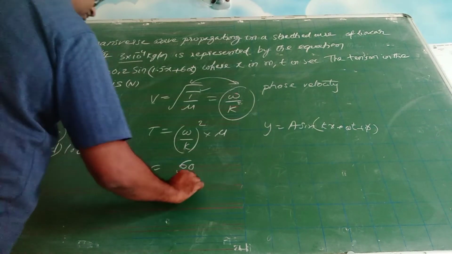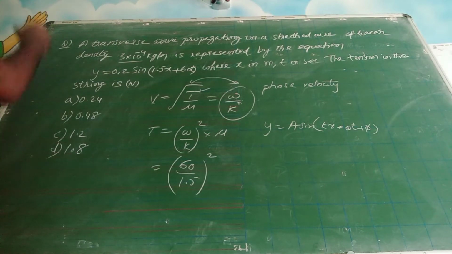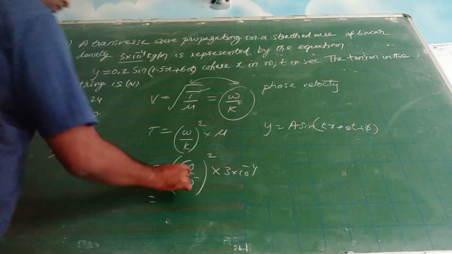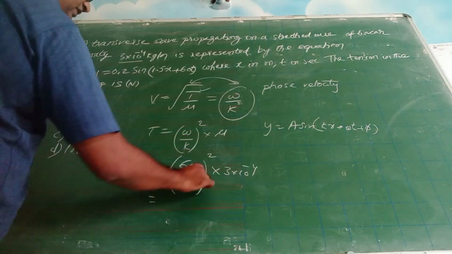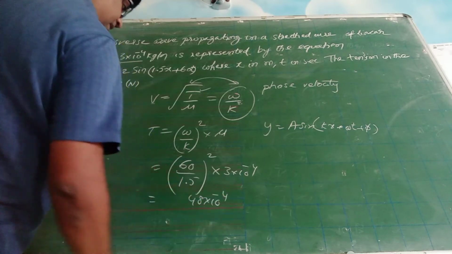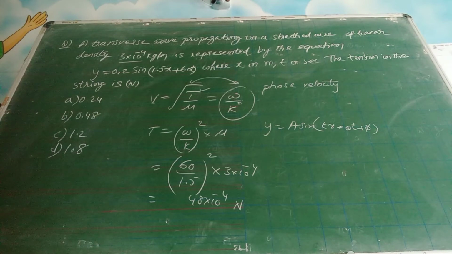So here this is 60 by 1.5 whole square multiplied by mu value is given as 3 into 10 to the power of minus 4. So this is 40, 40 square is 1600, 1600 into 3 is 4800, into 10 to the power of minus 4, you will get in newtons. Okay, did we take the units properly?